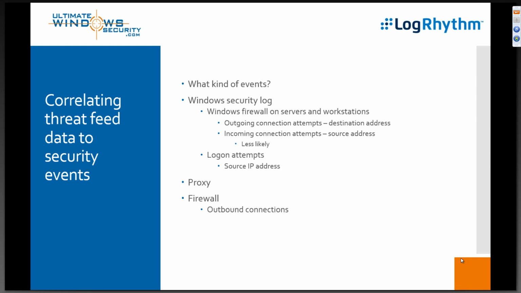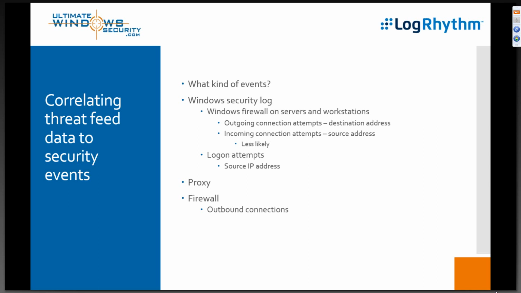Incoming attempts are less likely to be something you would detect, because most of what we're dealing with today are botnets where an agent, an APT, has been installed on one of your endpoints, and it's phoning home to a command and control server. There's less of the other direction where somebody on the internet is actively trying to break into your network through an incoming connection. We've gotten pretty good at blocking that today. And I'm going to show you some examples of those events.